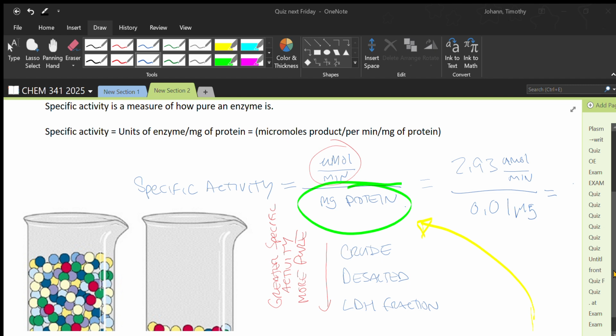We're getting a total activity, and then we're getting an amount of protein, and then we're putting the two together to make it into a specific activity. Okay? So we have this table, and then there are directions down here also that help you out as well. The other thing I'm hoping you'll recognize is that it's a little bit gnarly and you might want to start before the night before. Questions?